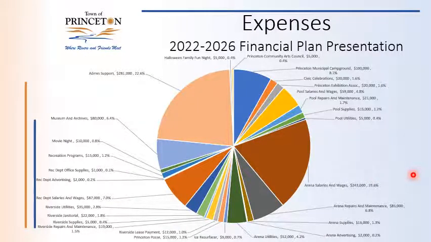So there is our recreation budgets. You'll notice the 2 new line items, Halloween Family Fun Night and the Arts Council are up there. You notice that the rest of it, arena is kind of here. We have Riverside Center here.